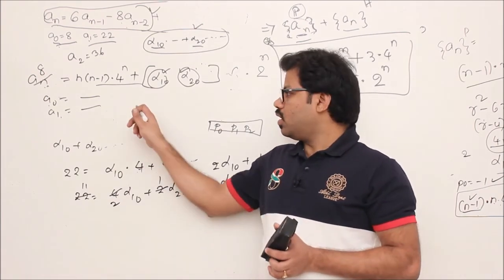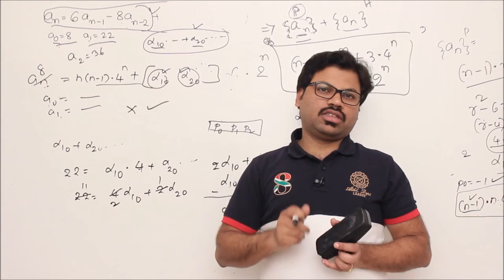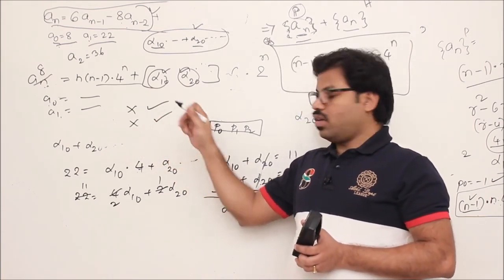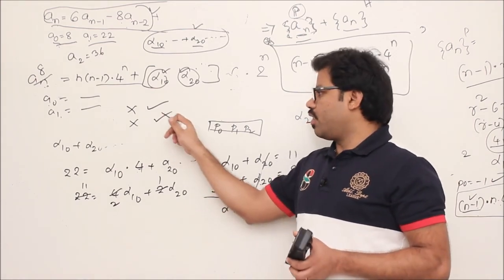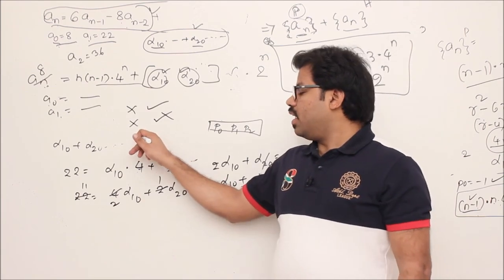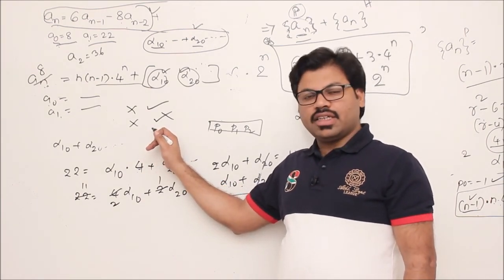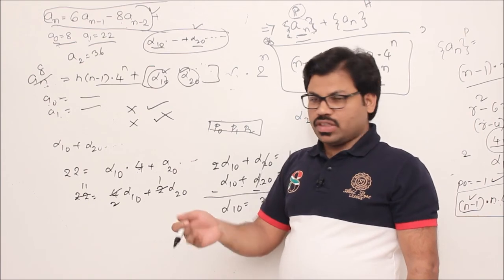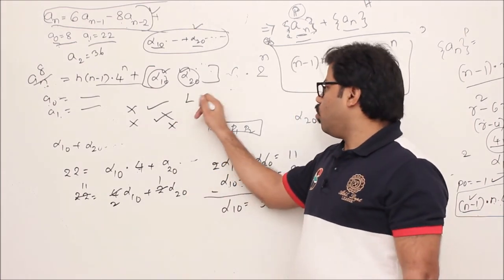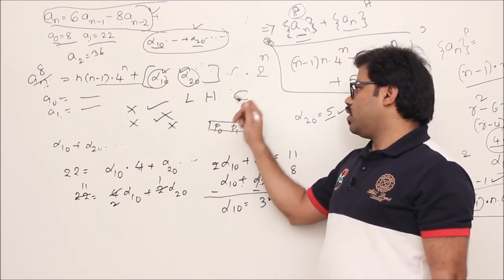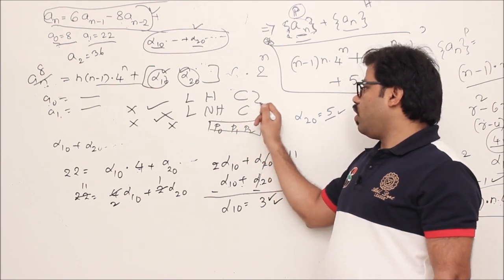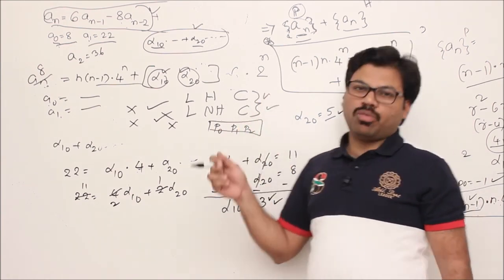That's why don't bother about non-linear recurrence relations. Second, linear recurrence relations with variable coefficients are still not required, because they don't have procedures. Similarly, linear non-homogeneous recurrence relations with variable coefficients, still don't worry. You only worry about linear homogeneous with constant coefficients and linear non-homogeneous with constant coefficients. Only for these we have formulas and we did them.